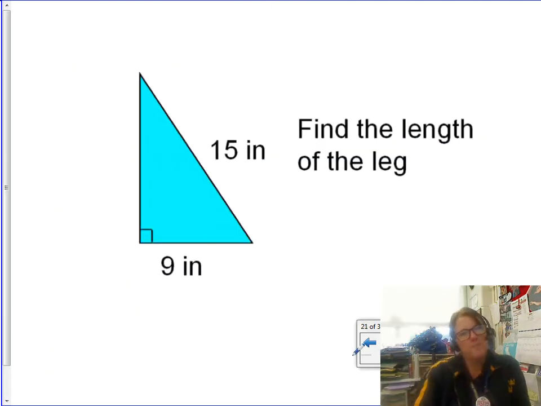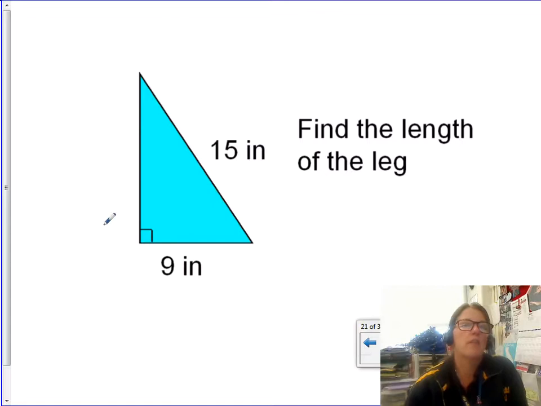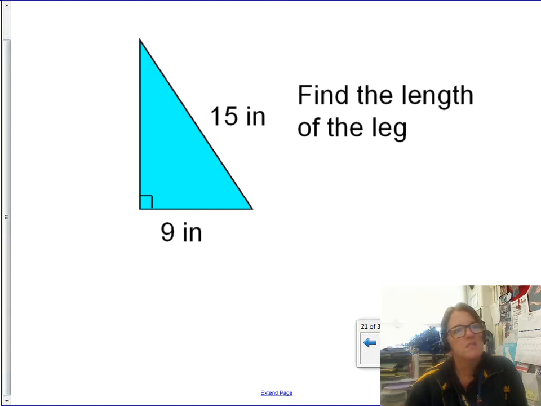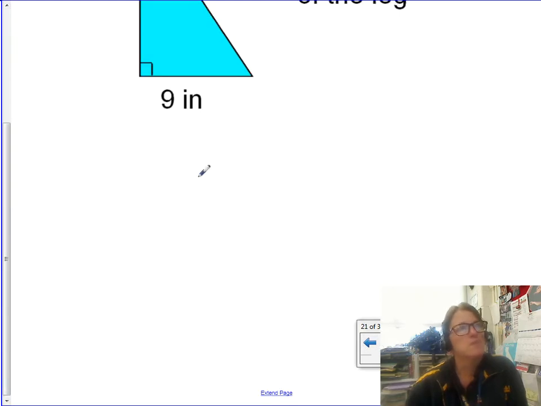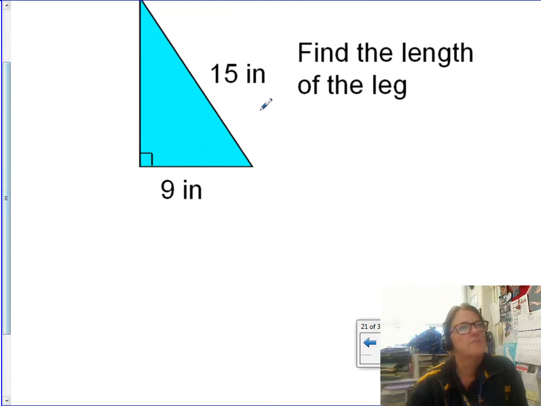What if, though, I give you one of the legs and the hypotenuse? Can you find the other side? Sure. As long as I've got 2 out of the 3 parts, we can figure out the other side. Remember that your equation says a squared plus b squared equals c squared. So here we go.